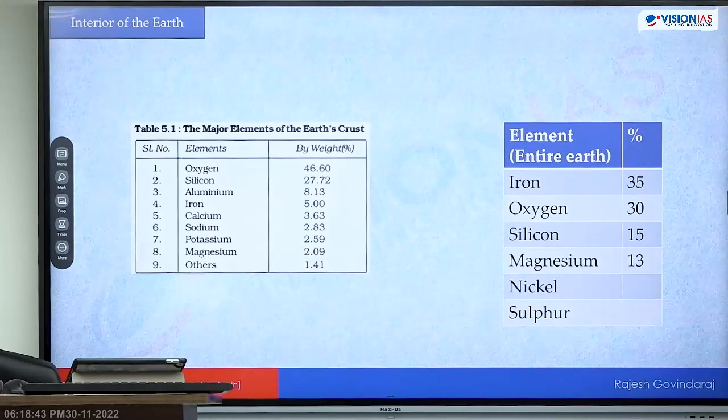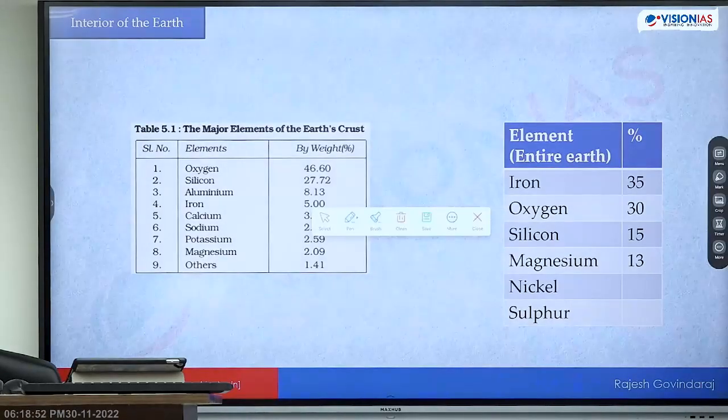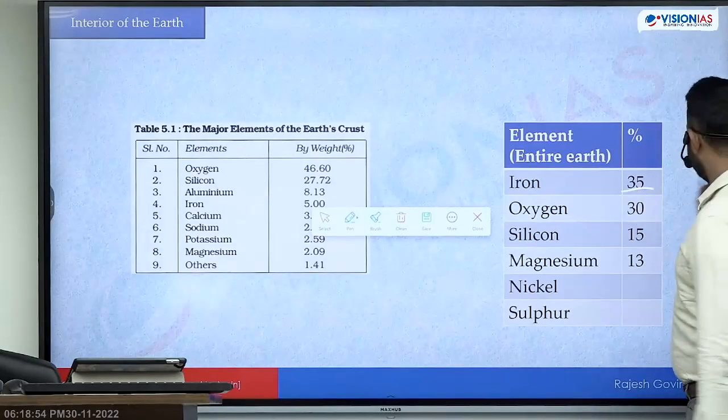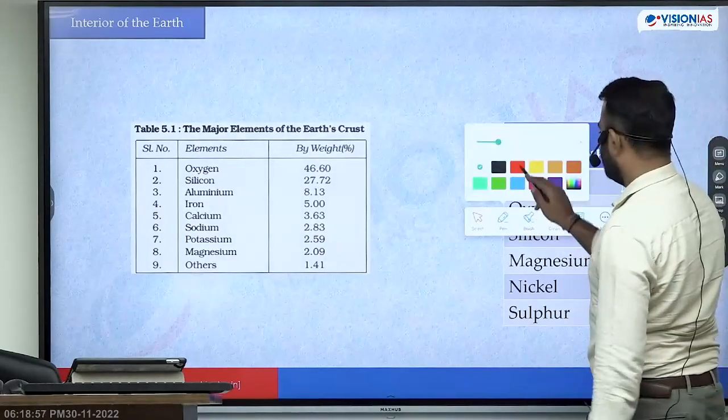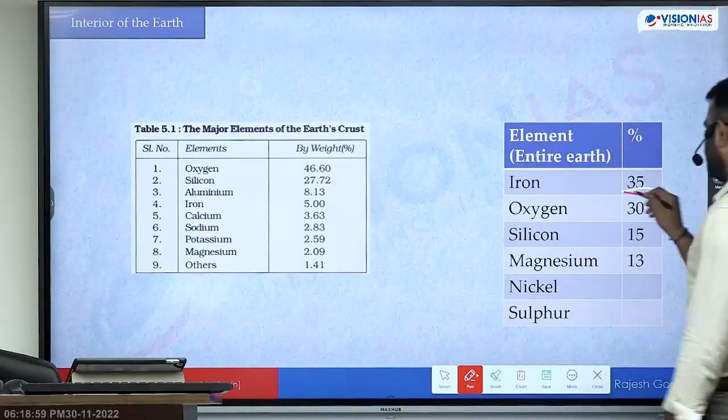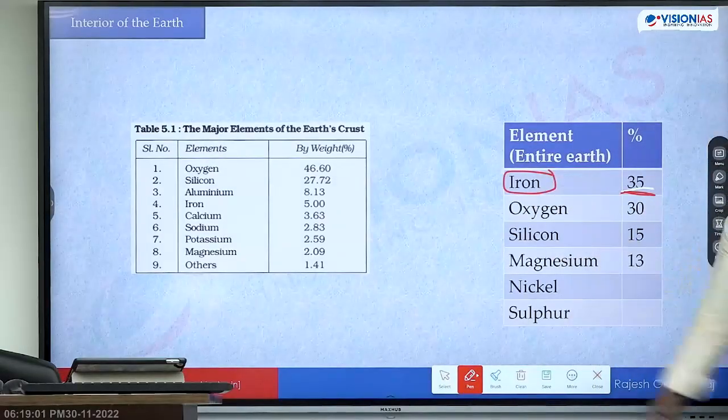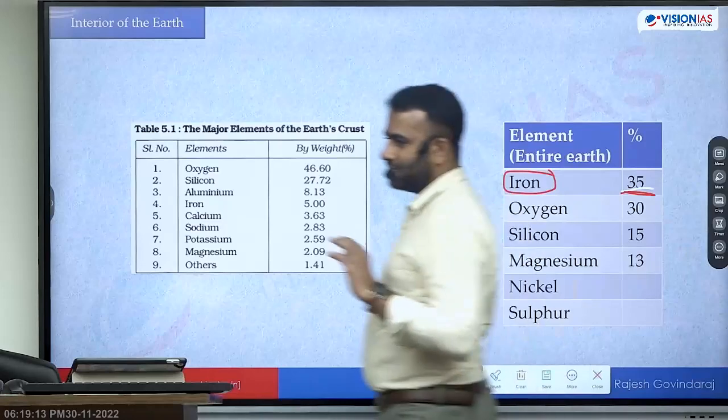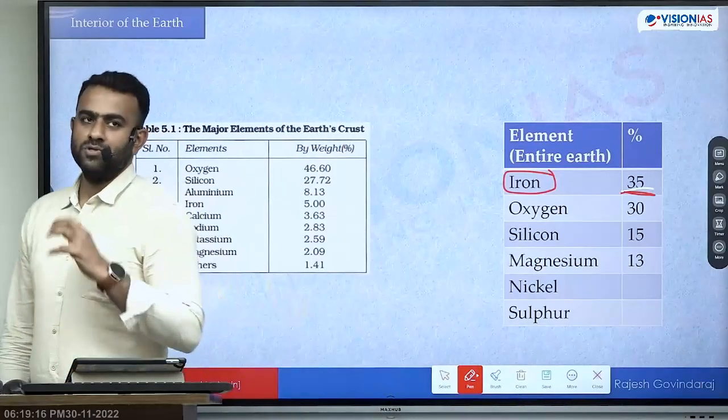Overall earth, the highest element in terms of proportion is iron. If you take the entire earth, 35% of the earth is made up of iron only. It's like an iron ball floating in space. That is why earth is the densest planet. So the highest proportion is iron.